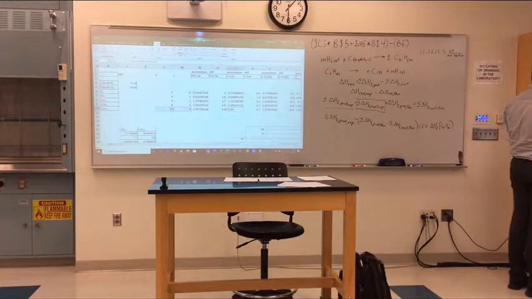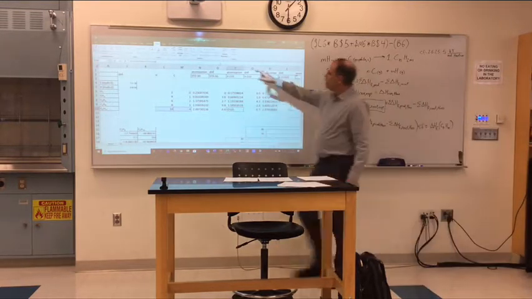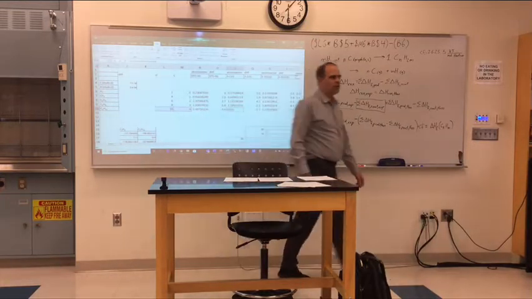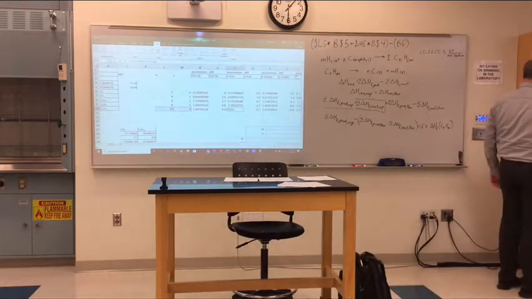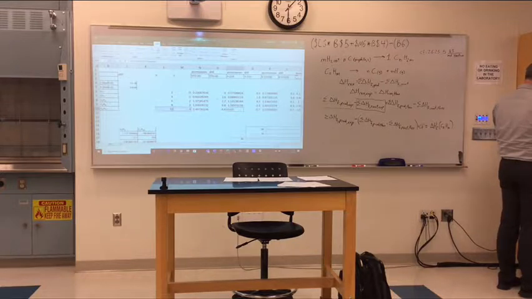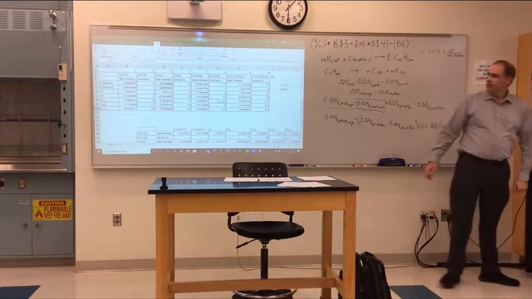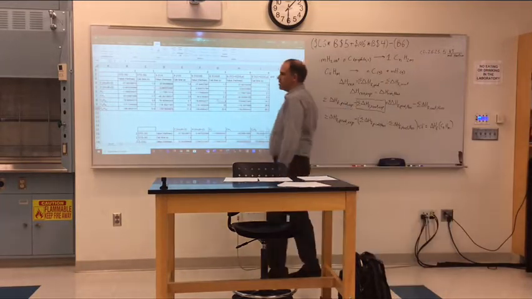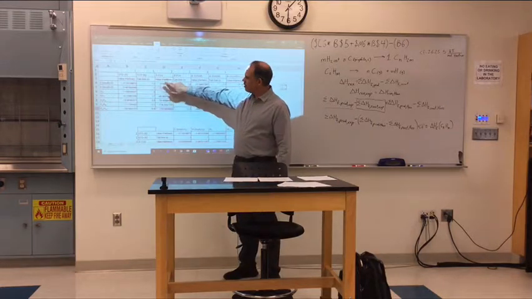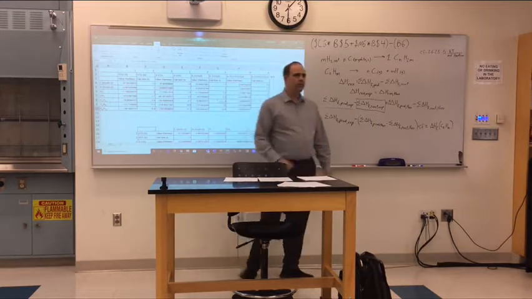If you click up top, it will show you what cells you're using in your equation. If we shift to the right, it was using the two over there, this one, that one, and that one.